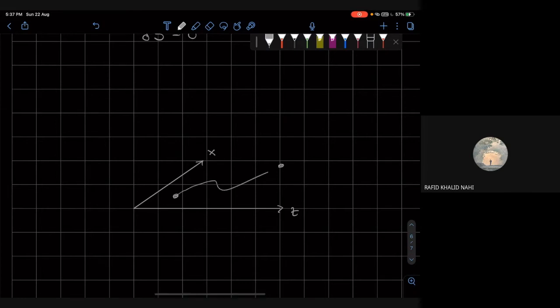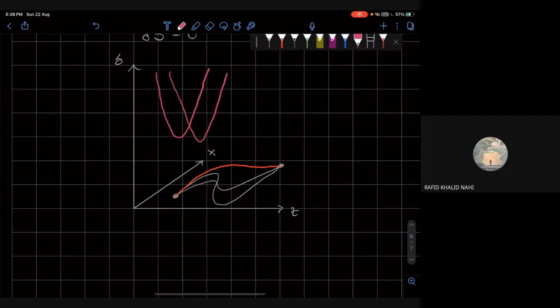And you have all these paths going. But there's one path, which is the physical path. And along the z-axis, I'm going to plot the action. If I plot the action, then the principle of least action is saying that the action will have some arbitrary form, but it'll have a minima right on the physical path.